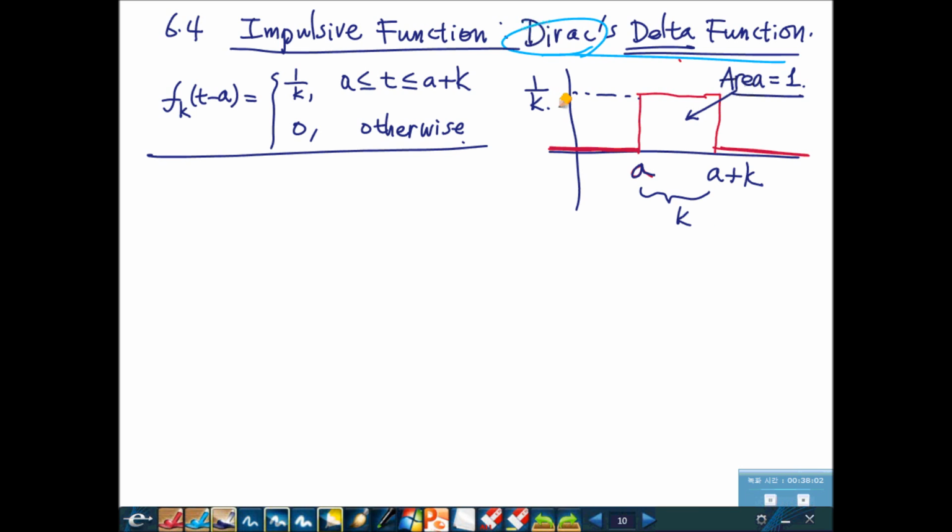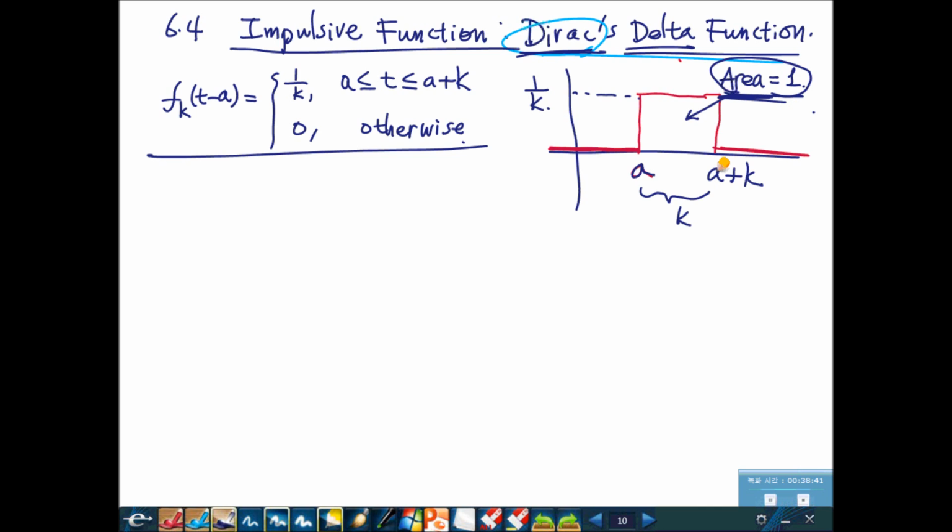So this square function is designed to have an area of 1. Why? If you want to define a new function, unity, 1, is really important. Having 1 means you can divide by something, right? You can go back to yourself. So unity, the 1, is a really important concept for the mathematical function. Dirac wanted to make the unity the area. This is very brilliant, okay?